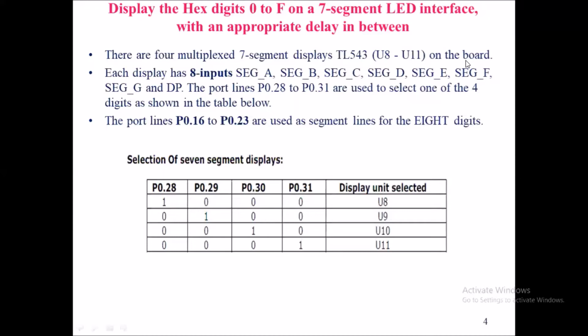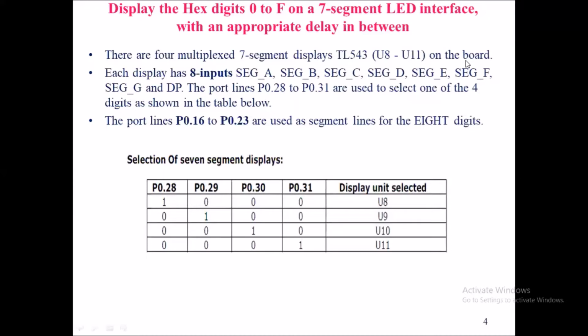As I told, all these 4 7-segment displays are associated with port pins, and all these 4 displays come under port 0 of the microcontroller. To display the hex digits, you can use either one display or all 4 displays in the program.